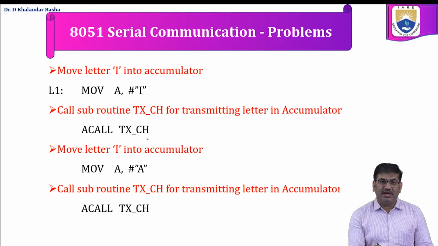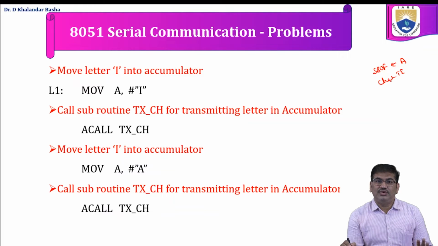Once the subroutine has executed, we come back to the next instruction, where the second character is going to be transmitted, that is MOV A, #'A'. Then we call the subroutine again. What should the subroutine consist of? Once the data is loaded into A, this data we have to load into SBUF, because only SBUF data will be transmitted. Once the data is loaded, check TI.